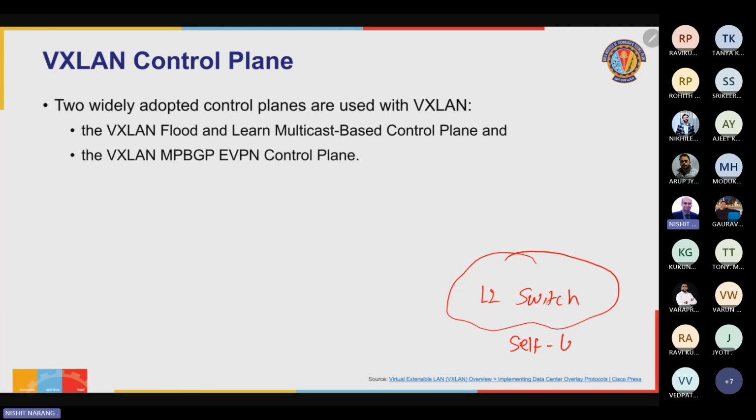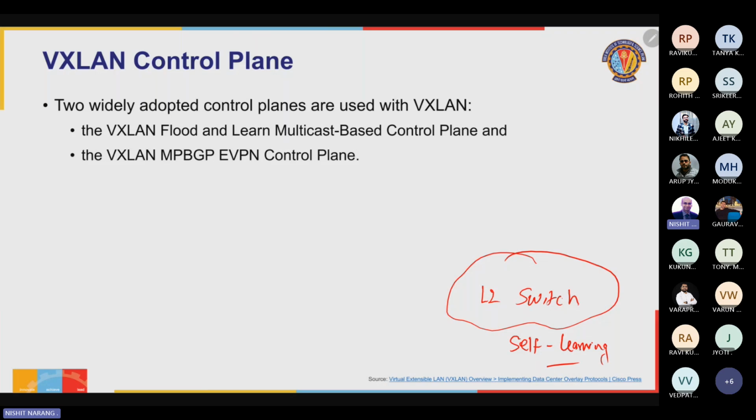These switches are called self-learning switches, and the network is a self-learning zero configuration network, because when I don't know how to reach a destination, I broadcast. But gradually I learn which node is connected to which switch, and I keep populating my forwarding tables. And without having an explicit routing protocol, I can perform self-learning in an L2 network. So that's one method of exchanging or learning about reachability.